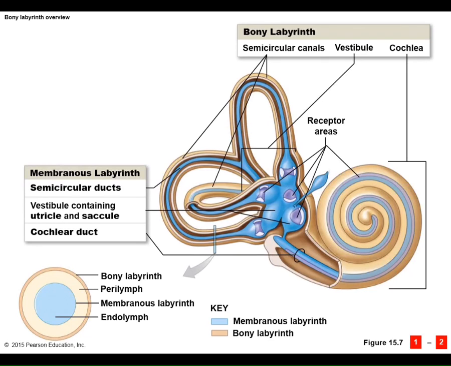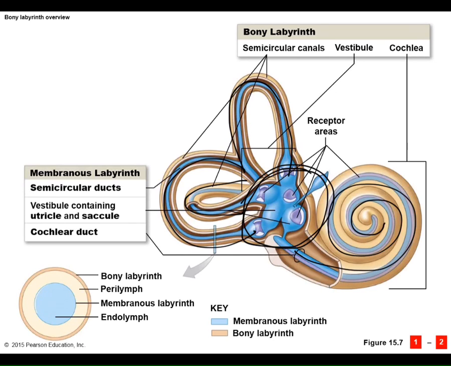And once you're past the oval window, you're now inside the inner ear. And the first thing you would see would be this expansive vestibule area. So this area through here, the vestibule. Off from the vestibule, there are fluid-filled semicircular canals, and there's a fluid-filled cochlea. Okay? So this fluid is all connected to each other, and this fluid is called the lymph. Okay, and we'll look at this in a moment.